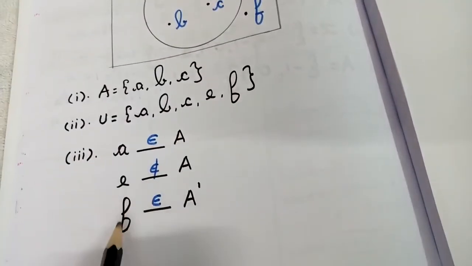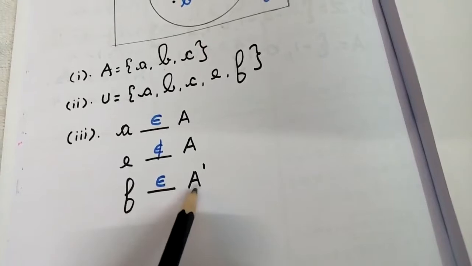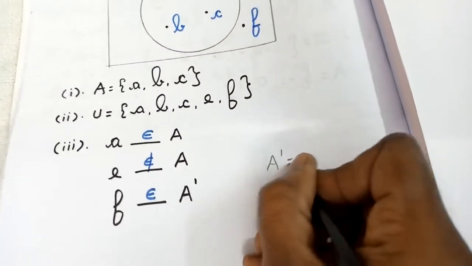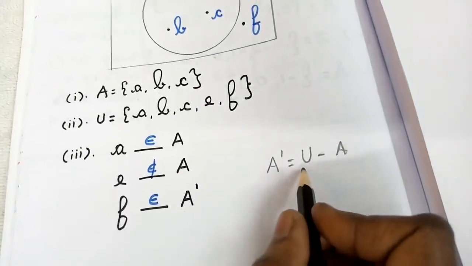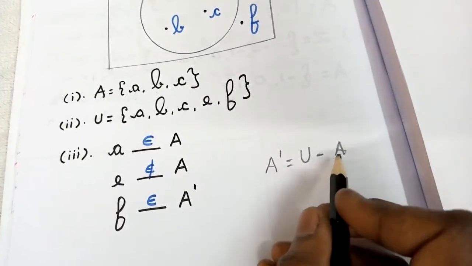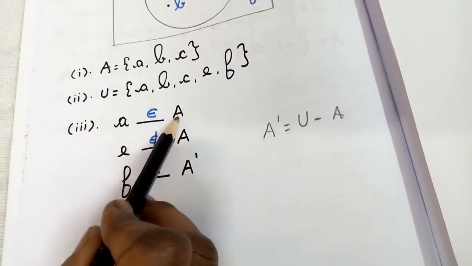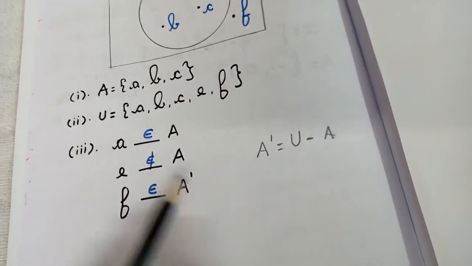The next question, the third one, is they are asking you to find A dash. A dash means universal set minus A. The elements which belong to the universal set should not be present in A. That is the concept. Then a dash capital A, e dash capital A and f dash capital A dash.